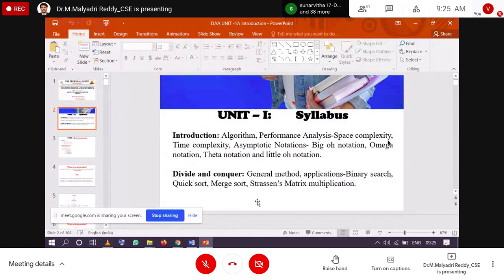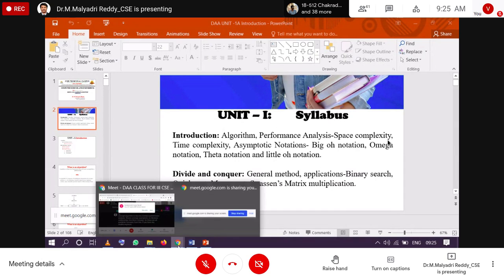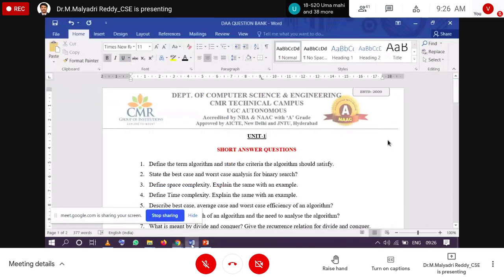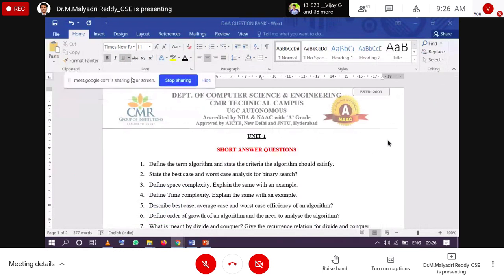It has the general method of divide and conquer, and applications: binary search, quick sort, merge sort, and Strassen matrix multiplication. So four applications and the basic method, total 5 problems. From the first part, algorithm is one concept, performance analysis is one concept, and asymptotic notations is one more concept. These are all the available concepts. From this, if you have any doubts, then you will ask. Otherwise, we'll discuss the question bank.